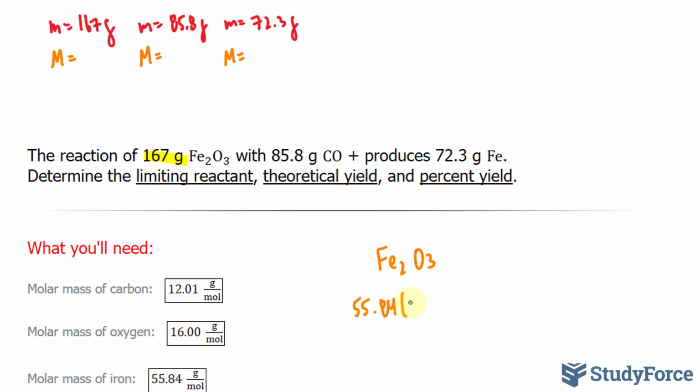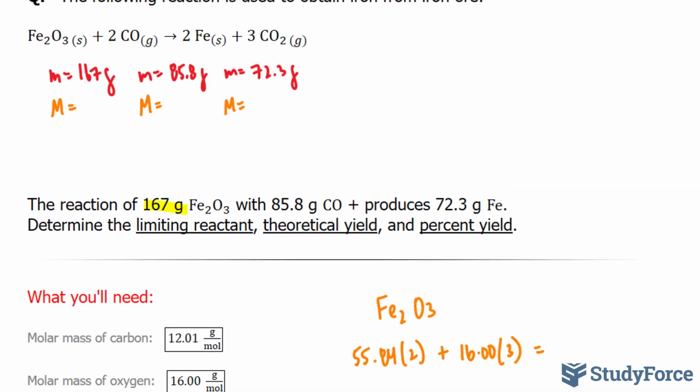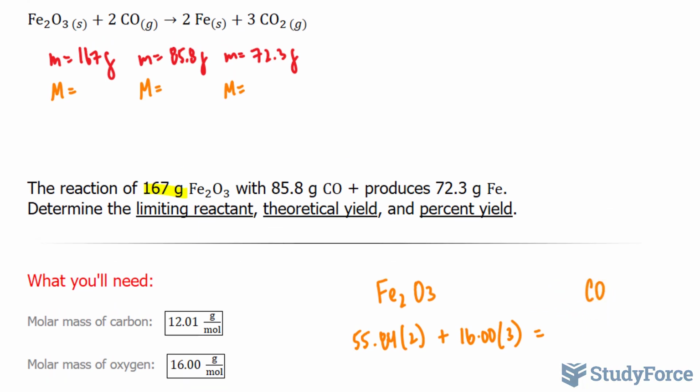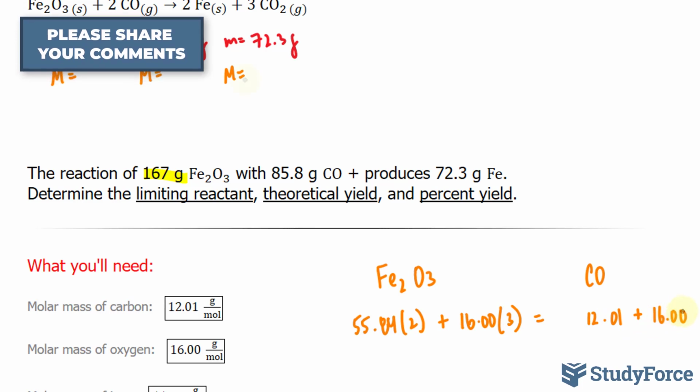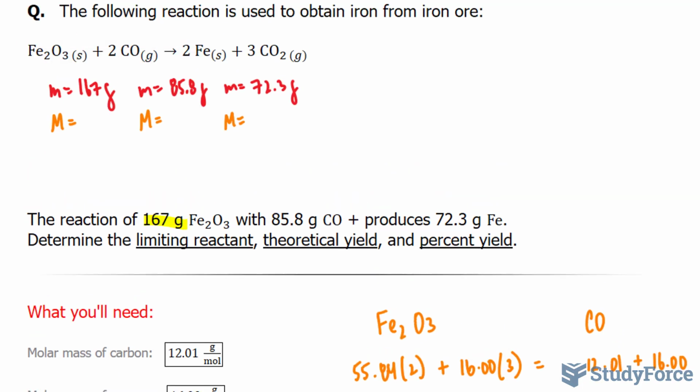And we'll multiply that by 2 because there are 2 within this compound, plus 16.00 times 3 oxygens. The same thing will be done for carbon monoxide. Carbon monoxide, we have 1 carbon, which is 12.01, plus 1 oxygen, which is 16. And for pure iron, it's easy. It's 55.84, so I'll write that down.